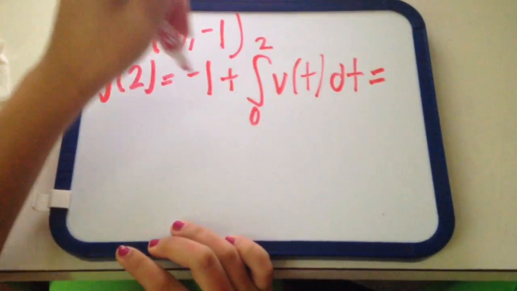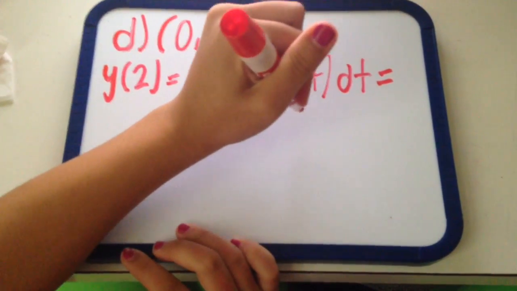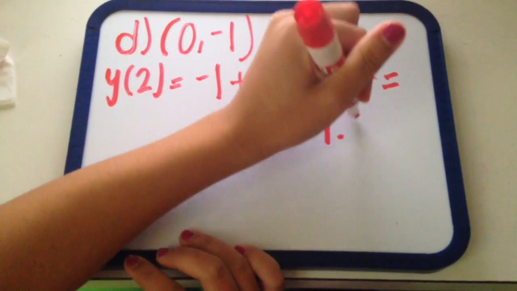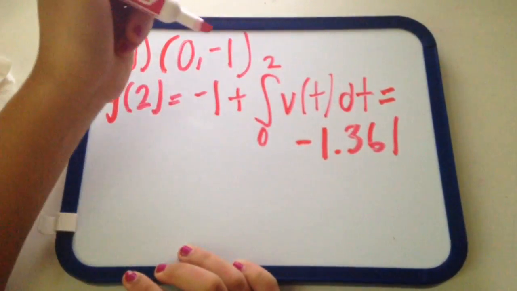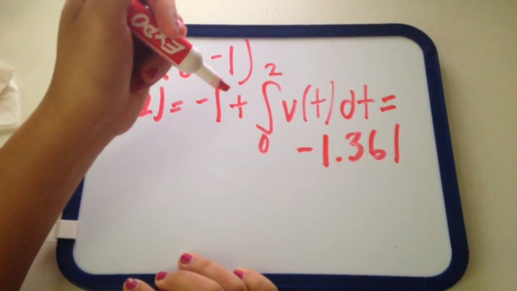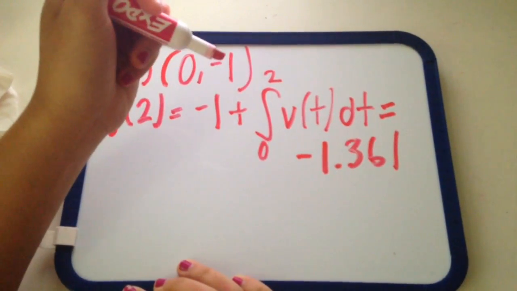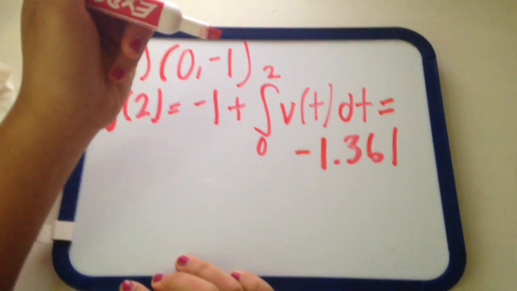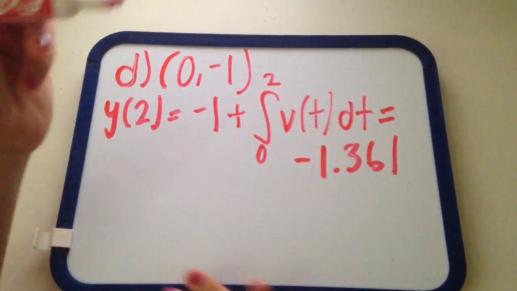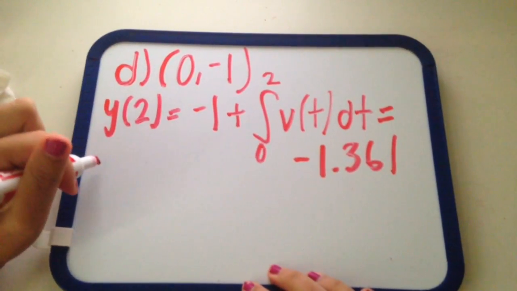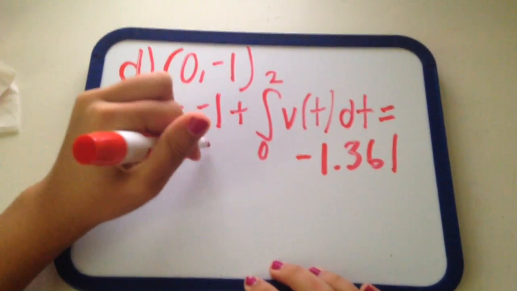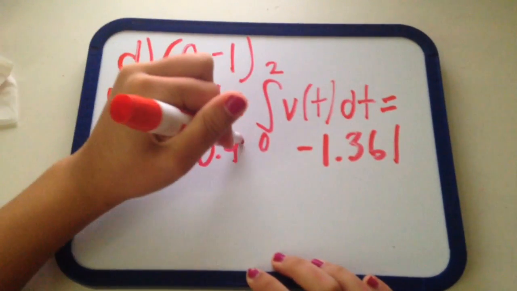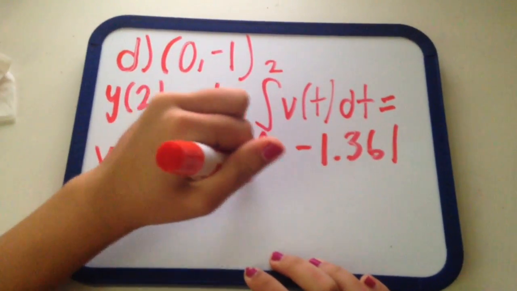Can input this in the calculator and you get negative 1.361. And in part D, it also asks if the particle is moving towards the origin or away from the origin at time equals 2. And in part B, we found velocity at time equals 2, which is negative 0.436.